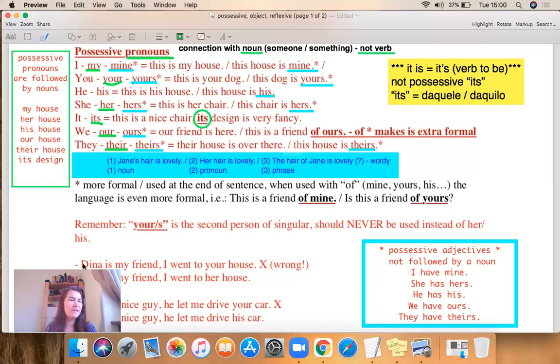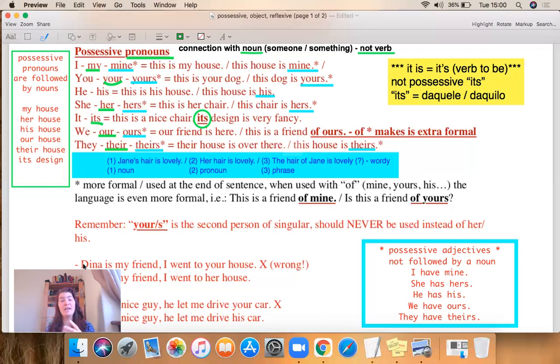And here, he and his. So he, we know, is a pronoun for a guy, a man, a boy. So he is my brother, will be a pronoun for this guy. And this is his house.